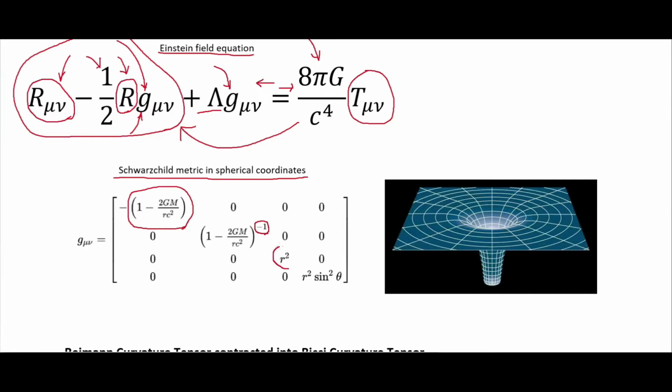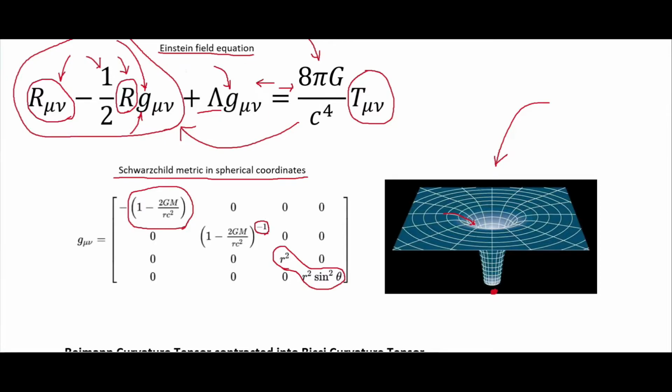Then we have this r squared and r squared sine squared theta, which should look familiar from when we're using spherical coordinates to look at a sphere. And so it'll actually give a space that looks sort of like this. We see we're flat, and then in a symmetrical sense, we start falling down towards over here. There'd be the singularity of a black hole.